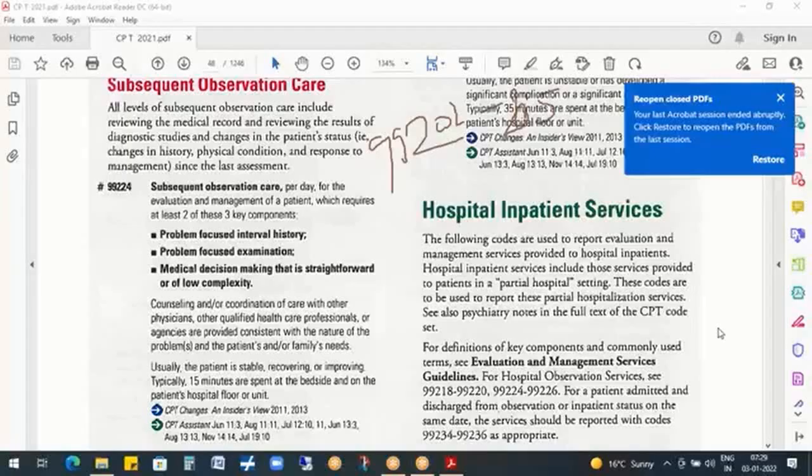Next, established patient: 99391 to 99397.